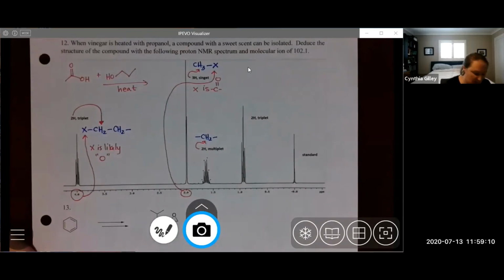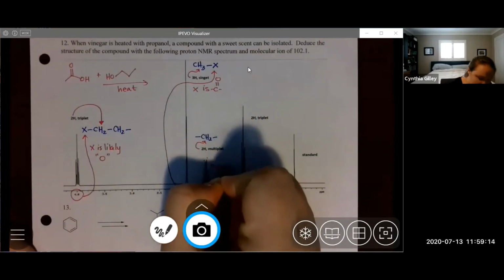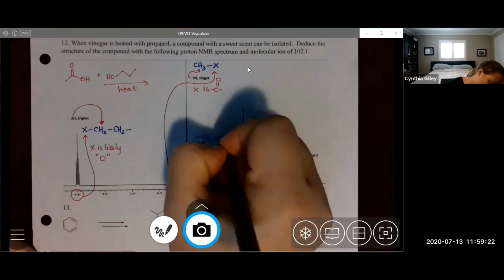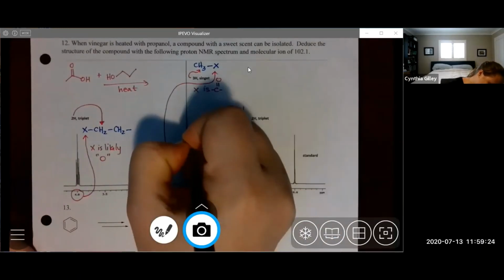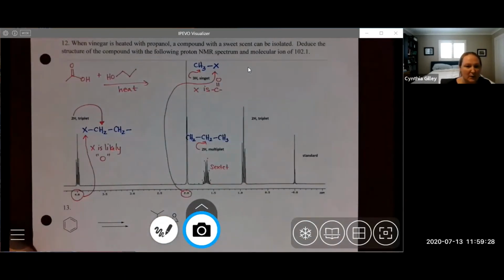So with a sextet, we have 5 neighbors. So the way to get 5 neighbors is 3 on one side and CH2 on the other side. That's a total of 5 neighbors, which produces a sextet. All right, moving on to the next fragment.